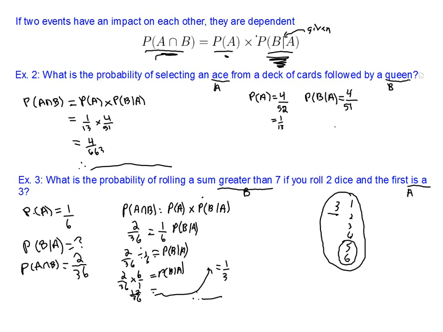Well, there are only 2 options out of a total of 6. So there were only 6 options that we had here, and 2 out of those 6 give us what we want. So the probability, if we wanted to look at all the outcomes, probability of B given A is equal to 2/6, which is also equal to 1/3.